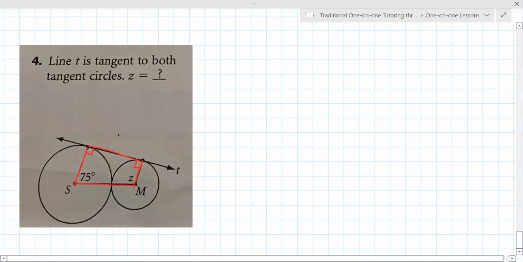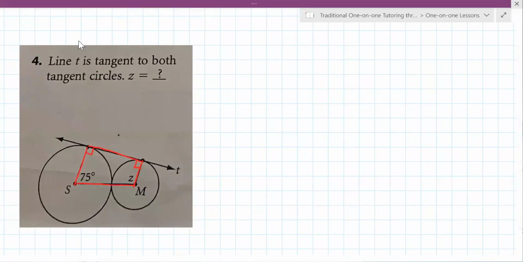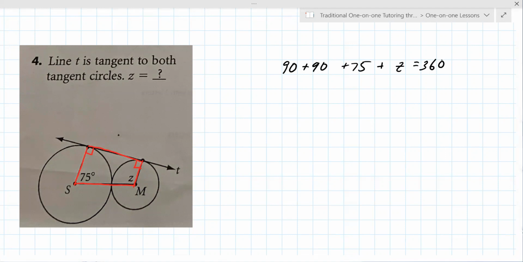So this is a quadrilateral. A quadrilateral is like a rectangle or square. It has 360 degrees, so the four angles have to add up to 360. We already know that we have 180 plus 75, that's 255.